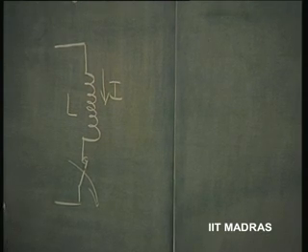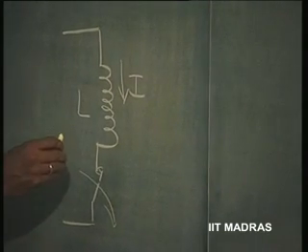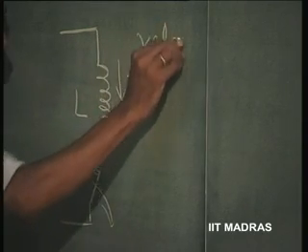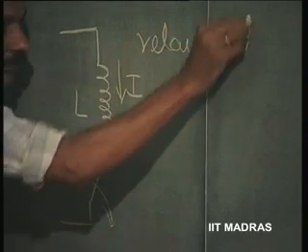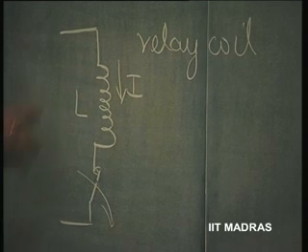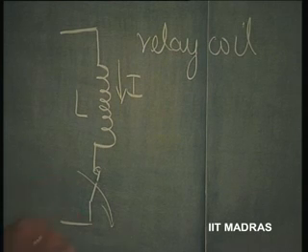Such a situation exists in switching on a relay coil and switching it off. So, this is the relay coil, assume. The relay is operated by injecting a current into it. So, the relay has the inductor, and the current is flowing in the inductor. Now, I am disabling the relay by trying to open the switch.